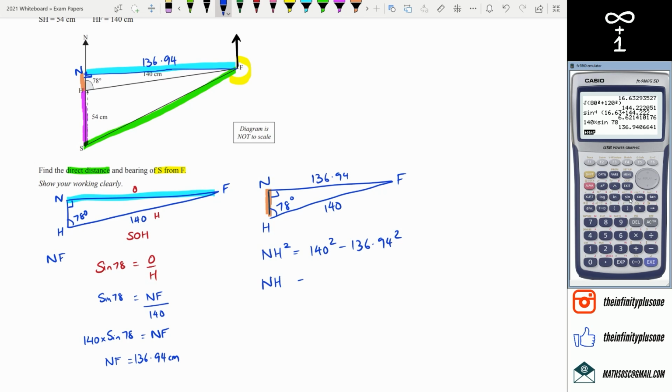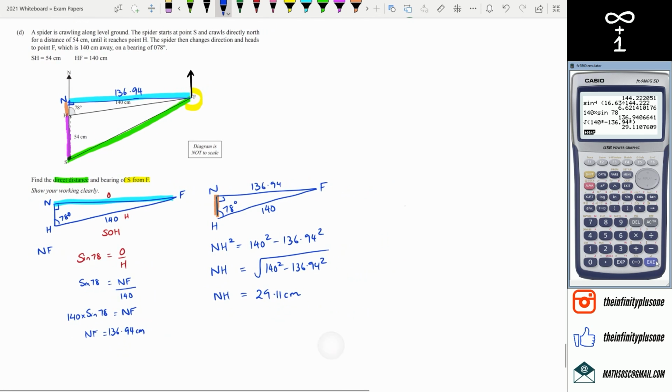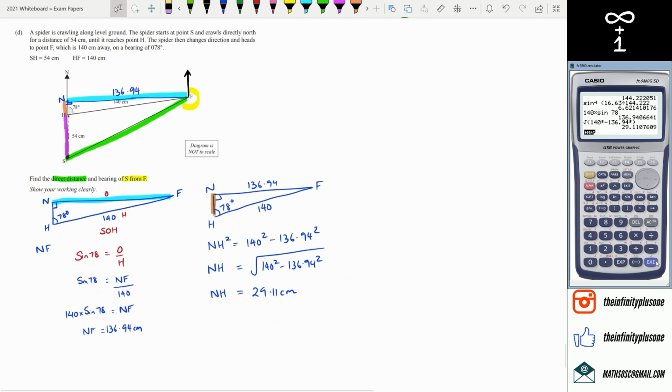So NH equals the square root of 140 squared minus 136.94 squared, which gives me roughly 29.11 centimeters.